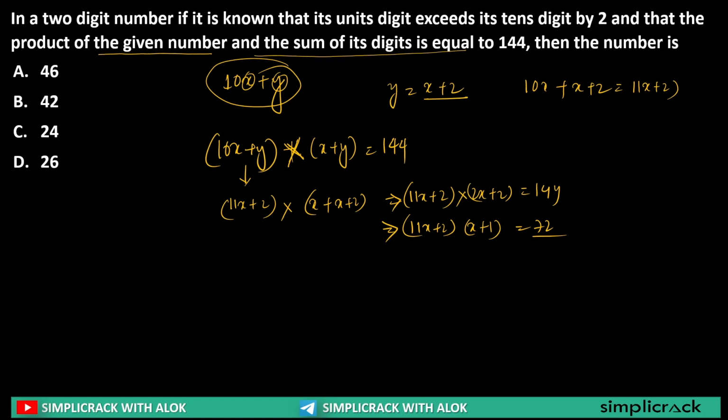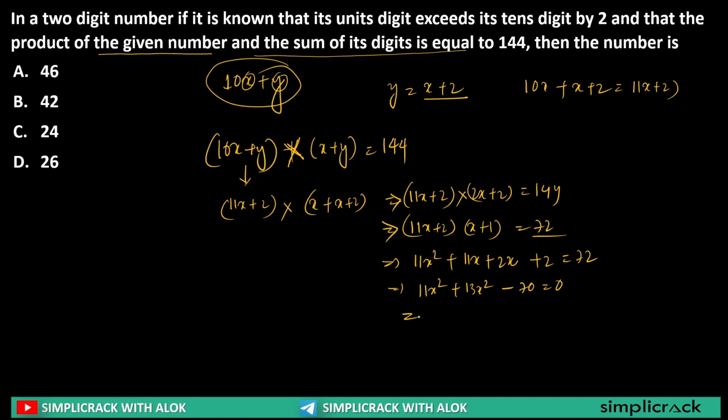We can take a guess, or do hit and trial and get the answer, or we can simply solve it. Here hit and trial will be tough, so we'll simply solve it. So it will be 11x square plus 11x plus 2x plus 2 is equal to 72. 11x square plus 13x minus 70 equal to 0. And if you try to solve it, 70 into 11, that is 770.